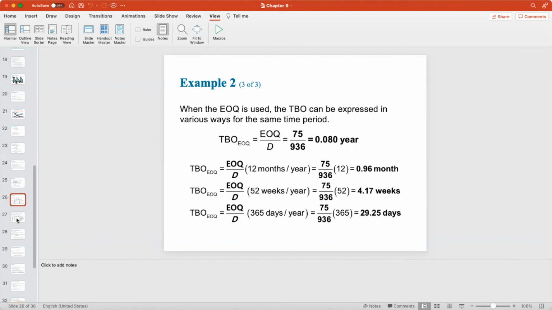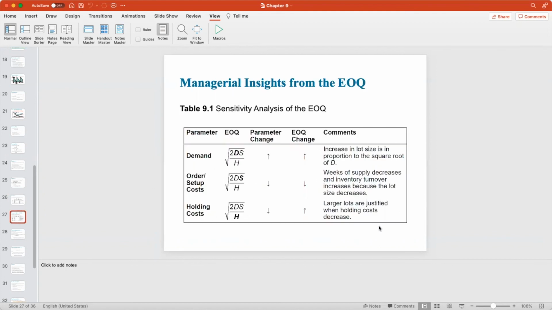Now here I just list some manager insights related to EOQ, how different parameter changes will impact EOQ. Very simple. Let's use our intuition to understand how the parameter change will impact EOQ.